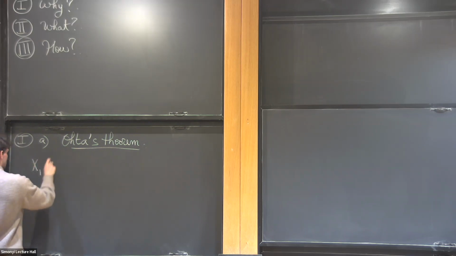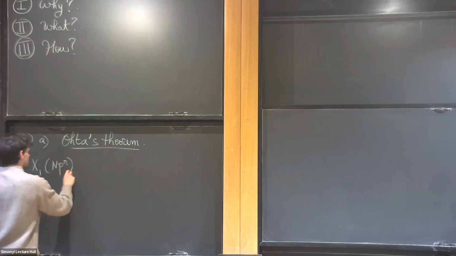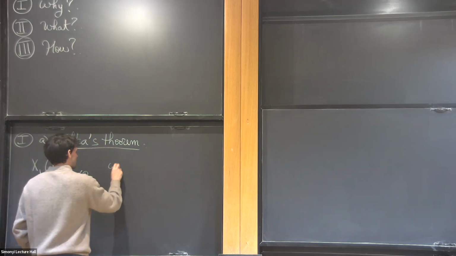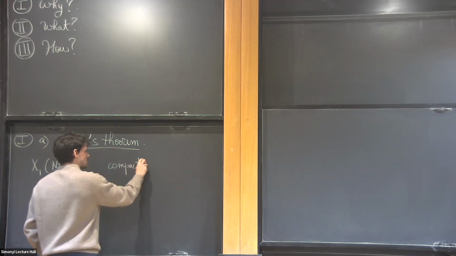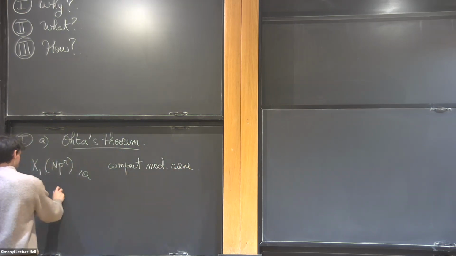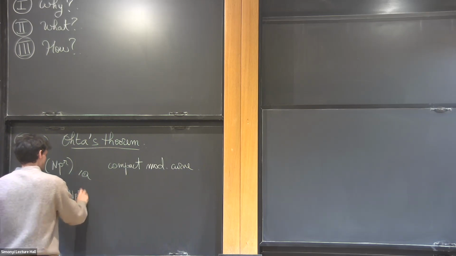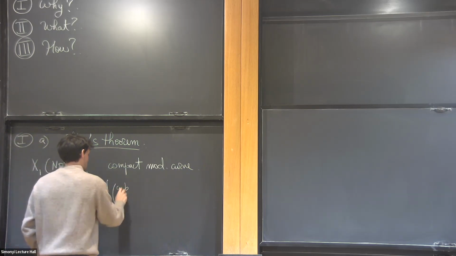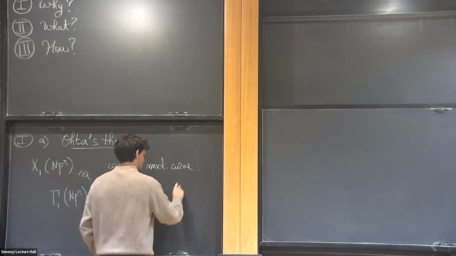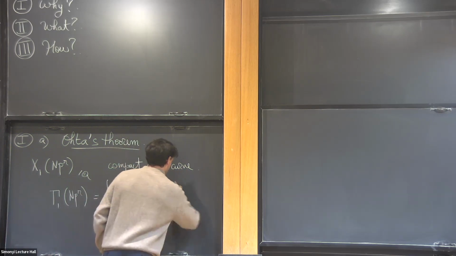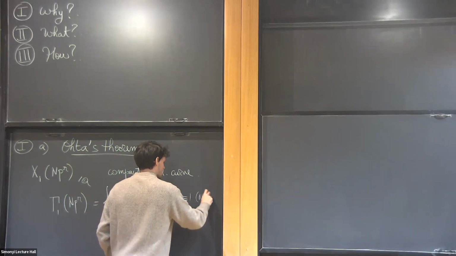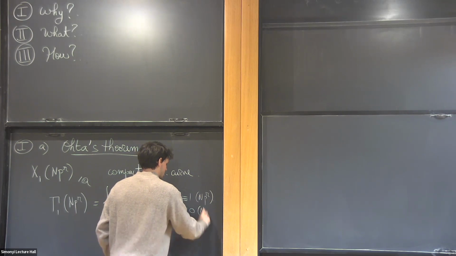We'll denote X_1(N p^r) over Q, maybe the compact modular curve of the level structure Gamma_1(N p^r). These are the matrices A, B, C, D in SL2(Z) that reduce to something such that, say, D is 1 mod N p^r, and then C is 0 mod N p^r.